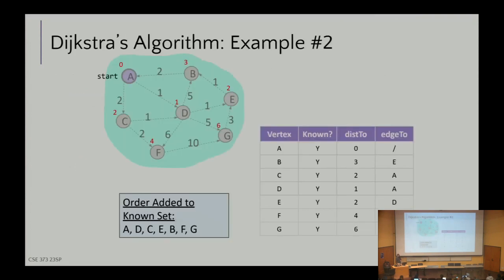Like in our example here, if I ask what's the shortest path to get to F, you would come in and say F, its edge is from C, C's edge is from A, that's my source. So the shortest path to F is A, C, F, but I had to kind of reverse engineer it using the maps. That tends to trip students up when they're actually coding it.